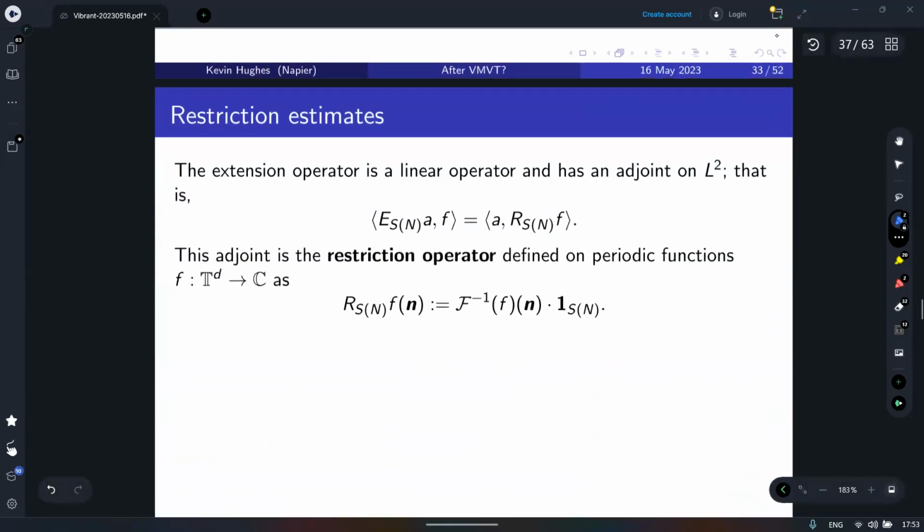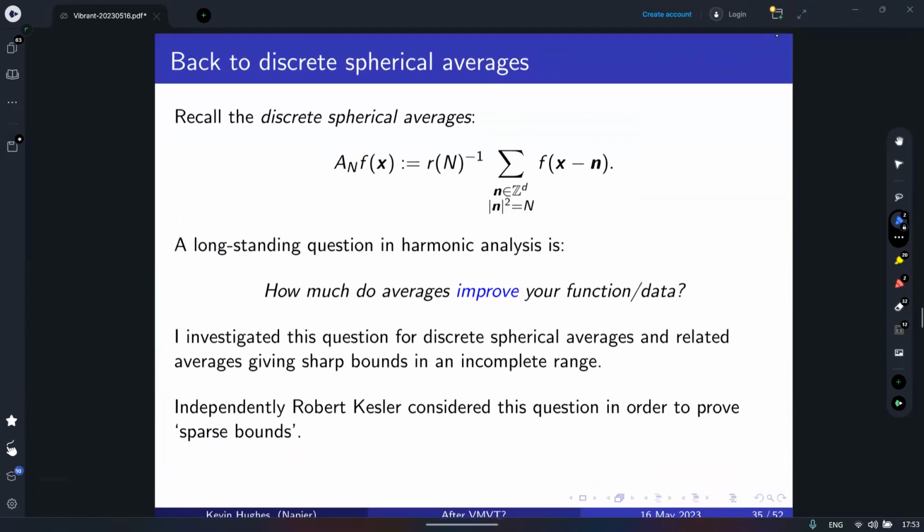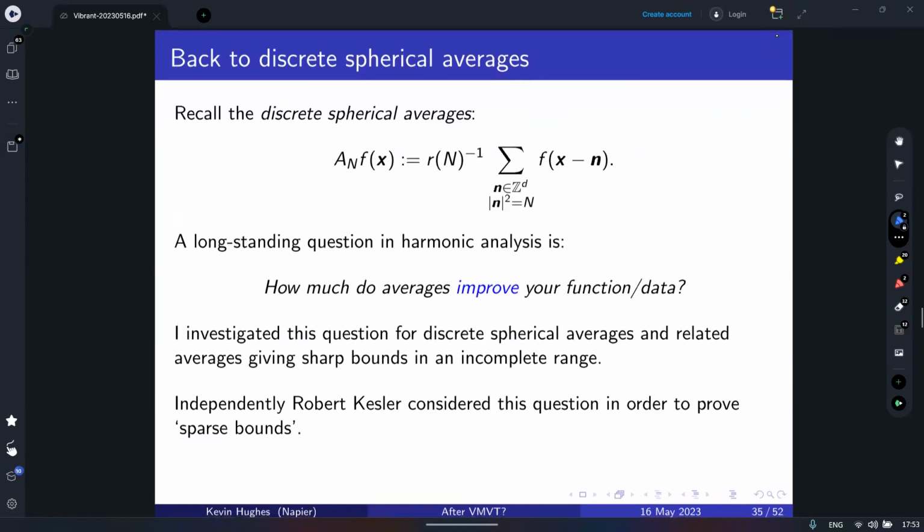So having gone through that a bit quickly, I want to talk about smoothing properties of these averages and how they relate to subconvexity. And I'm aware I only have a few minutes left. These are the averages right here at the top that I started with.